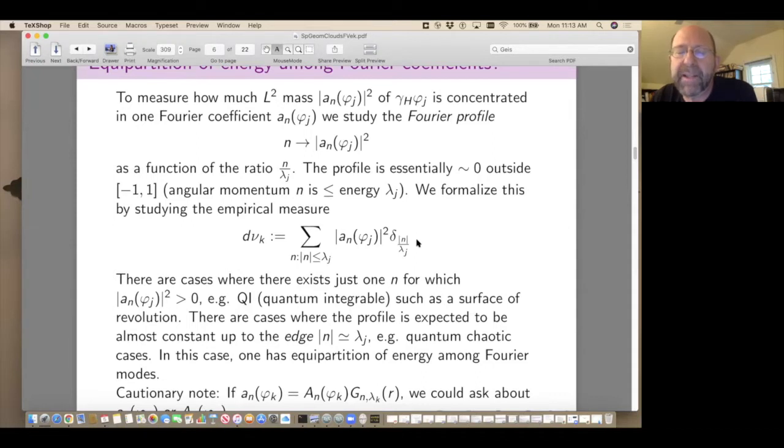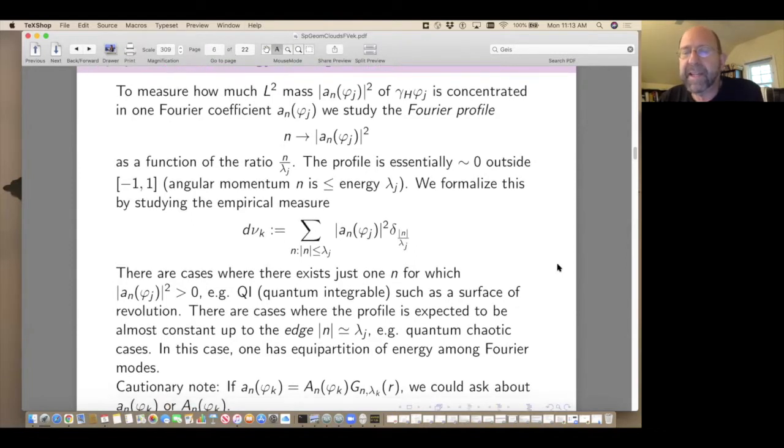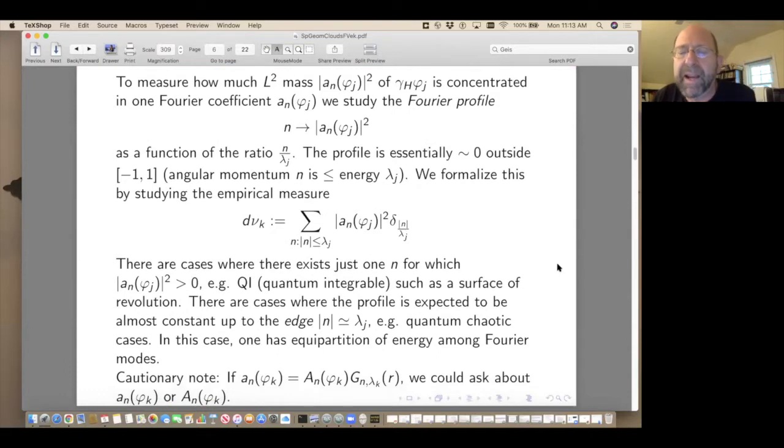We are interested in the asymptotics of this measure as j goes to infinity, as the eigenvalue of the eigenfunction goes to infinity. There are all different types of things that can happen here. On the one hand, as we'll see in a moment, there can exist exactly one Fourier coefficient for which this is non-zero. On the other hand, the Fourier coefficients might be uniformly distributed among the different Fourier modes; in other words, the a_n of phi_j squared could be essentially constant.